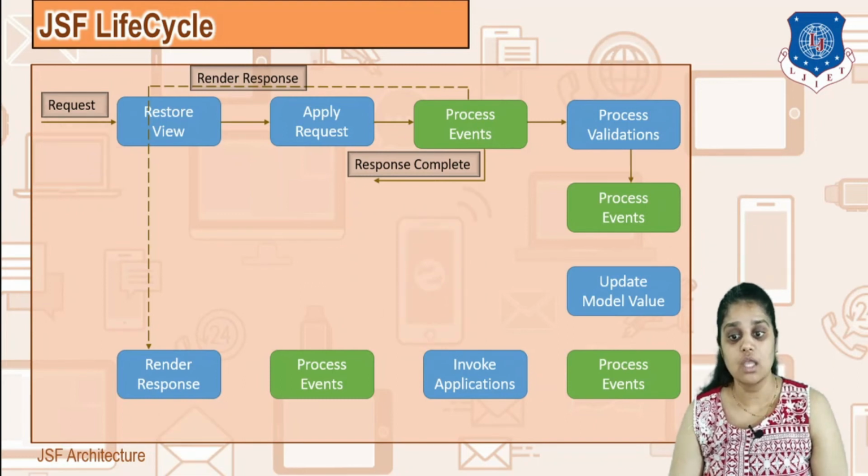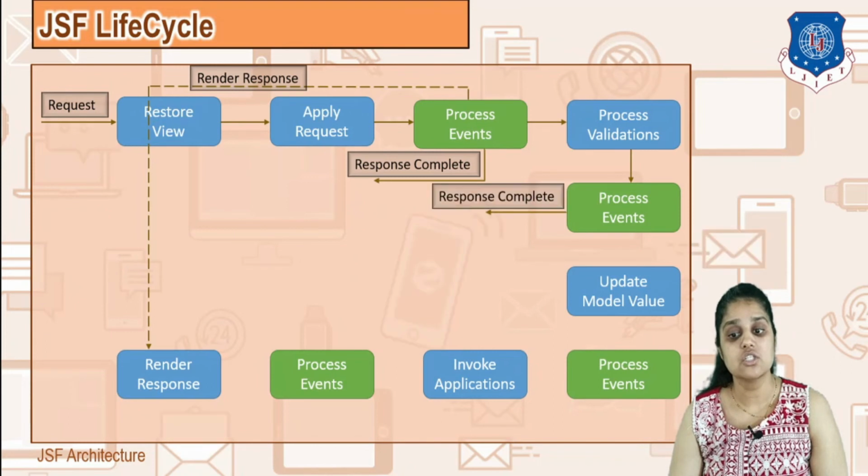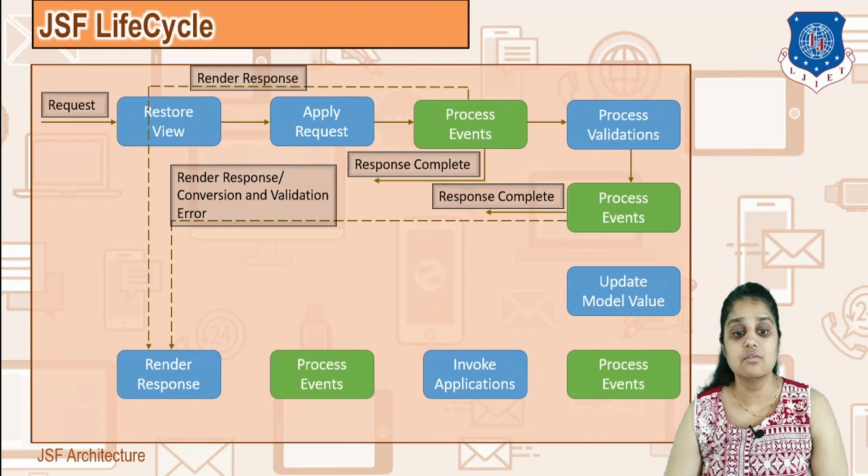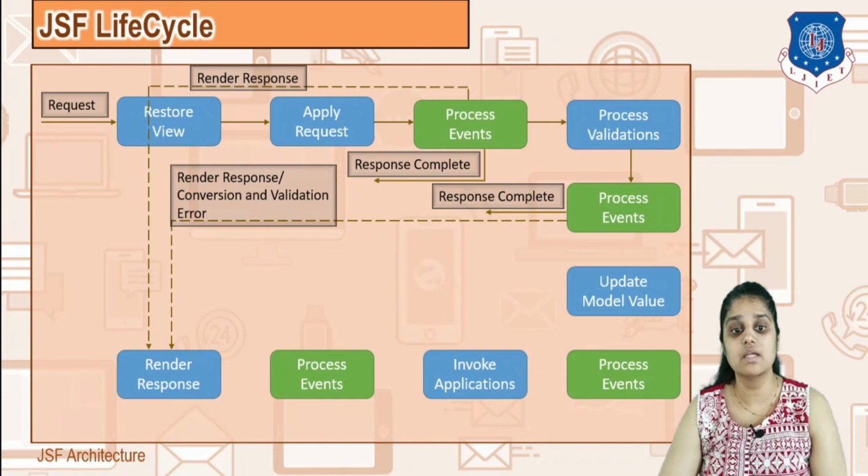If they are okay, again these validations are checked and the response is completed. If there are any conversion, validation or other errors, then they are directly rendered as output. If these errors are not there, then output is rendered, otherwise your errors are displayed.